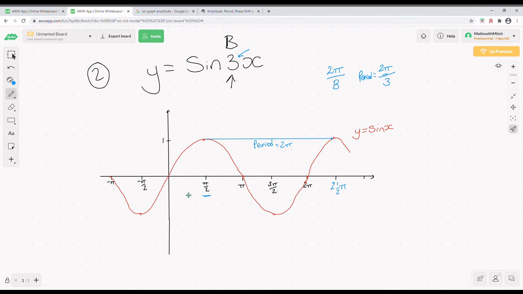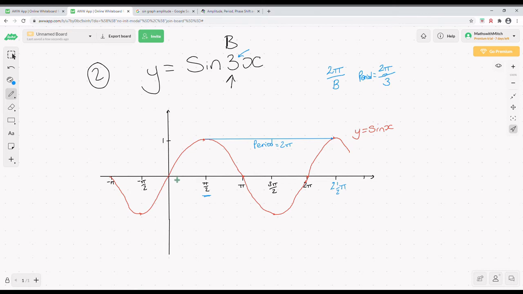The amplitude hasn't changed, so it should still be the same height, but now your period is going to be 2 pi over 3. So rather than being 2 pi, you're going to get 3 cycles in the same interval because you've divided by 3.